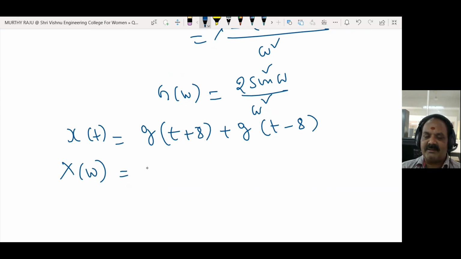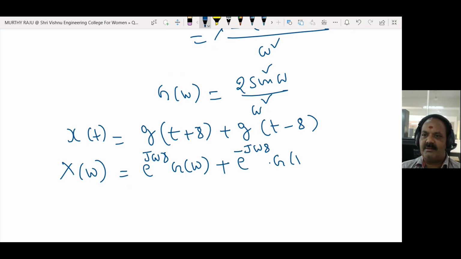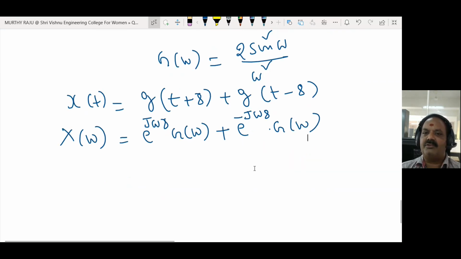G of t plus 1 gives e power j omega, and the Fourier transform of g of t is G of omega. Here e power minus j omega, and the Fourier transform of g of t is G of omega.